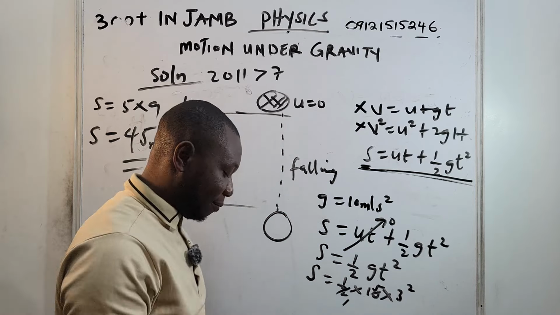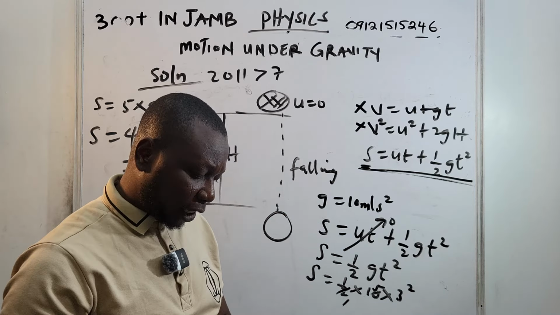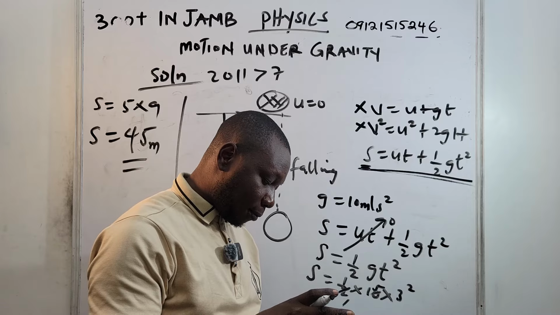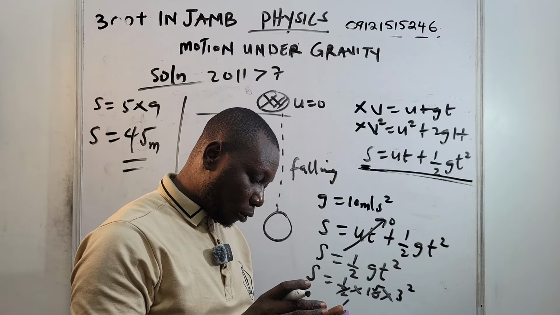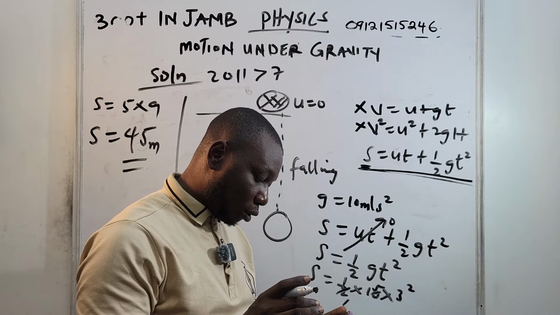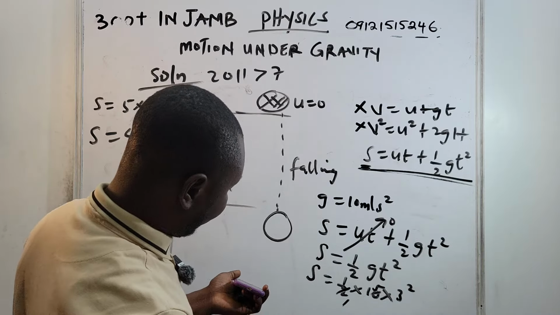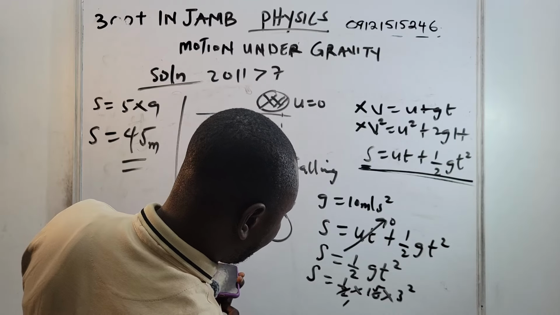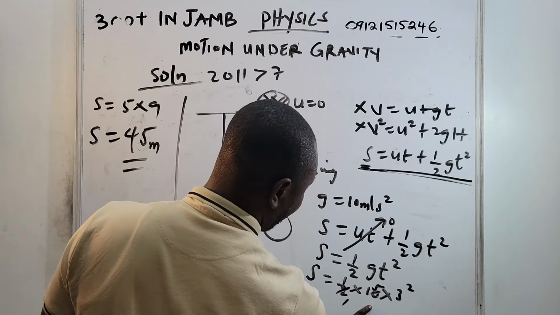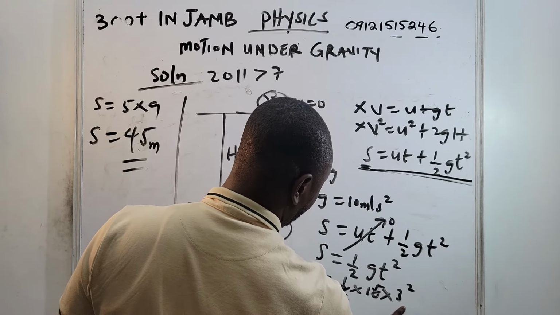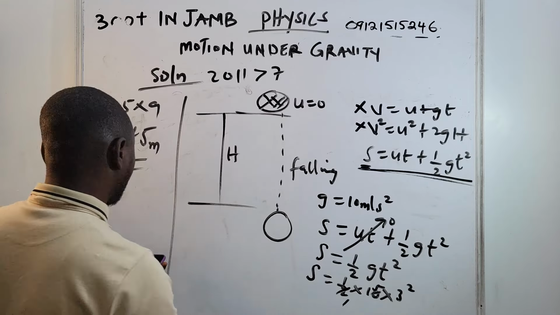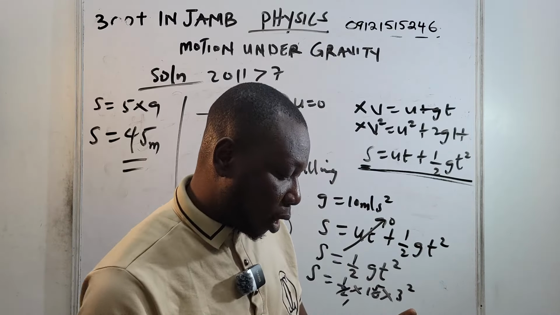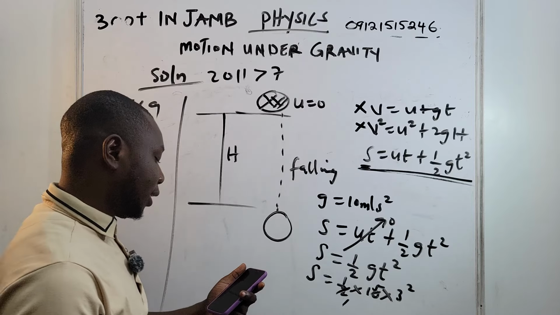Let's check options. Okay, sorry, yes, 2 into 10, we have 5, and 3 squared, we have 9. They say, what is the distance covered by the object? So you have 45 meters.